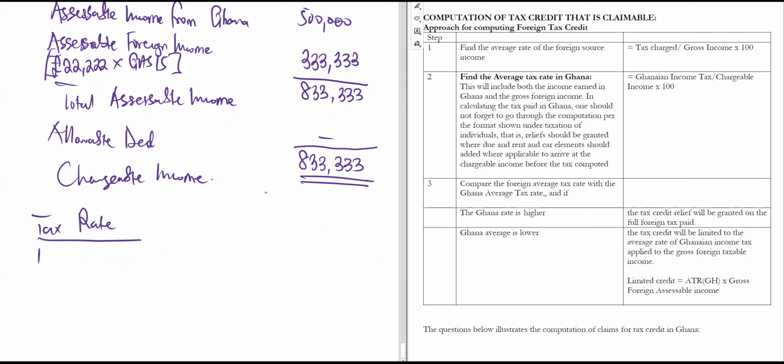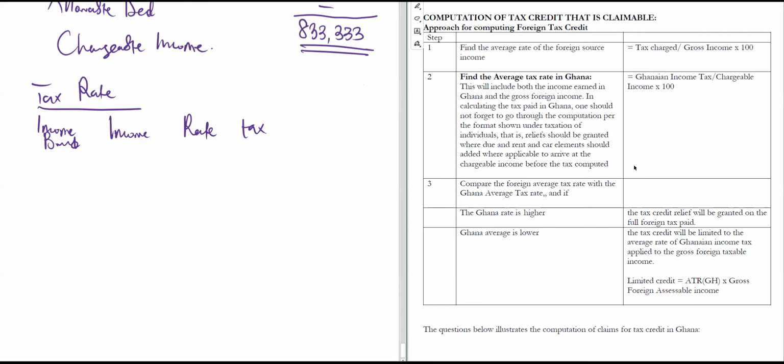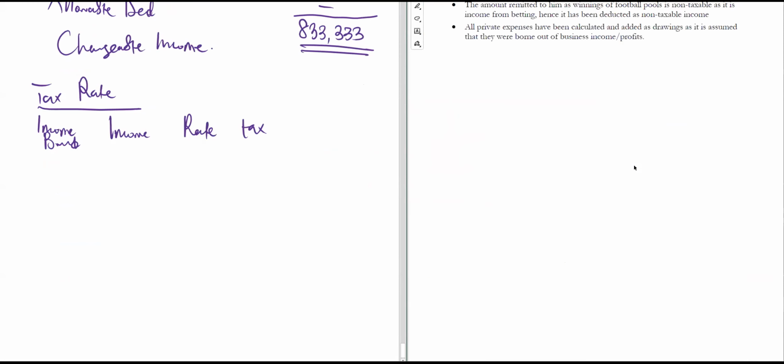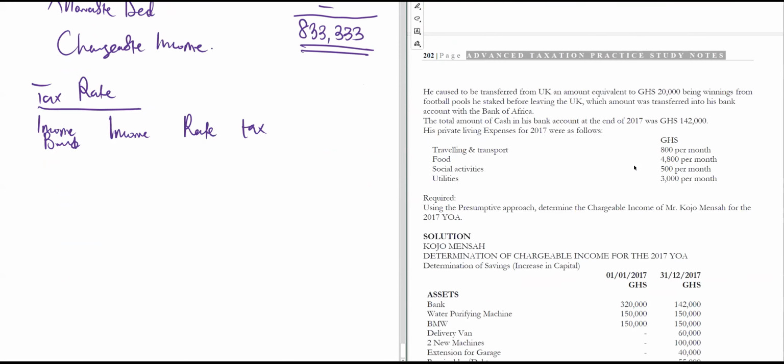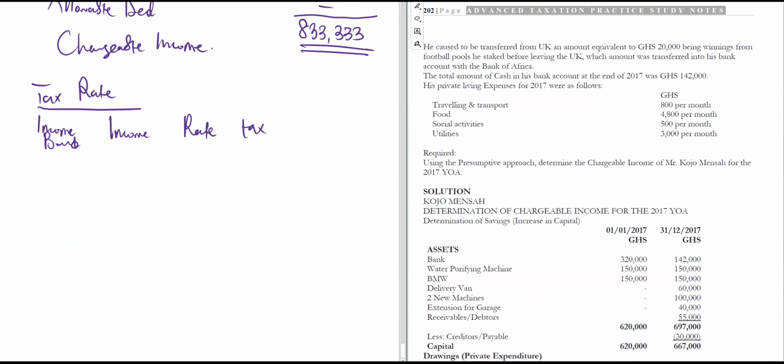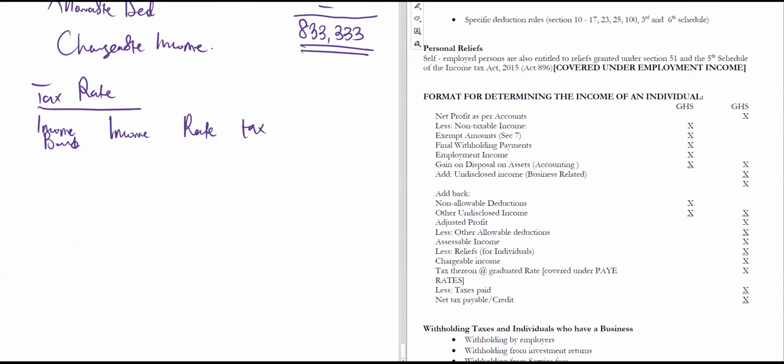So let's say that we have the income band, the rates, and then the tax, right? Which particular year are you computing? Let me look for the 2023 rates.